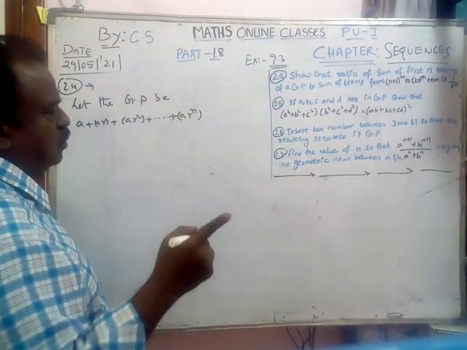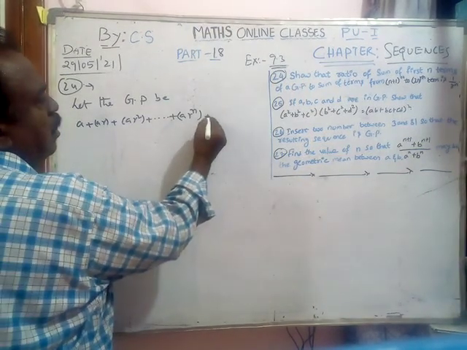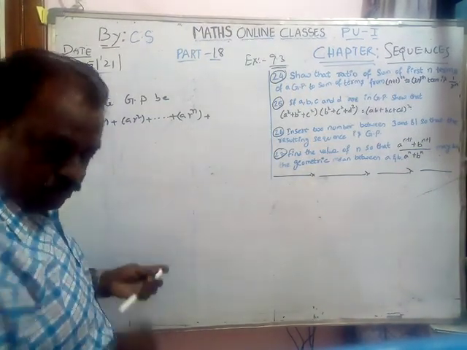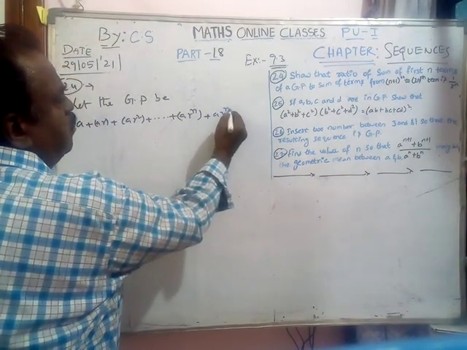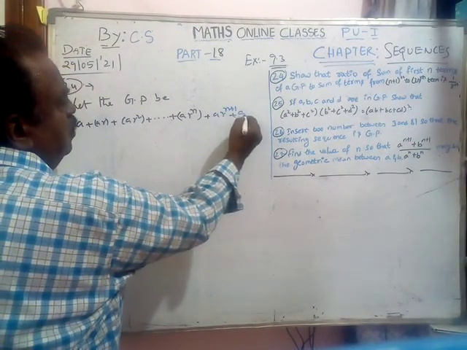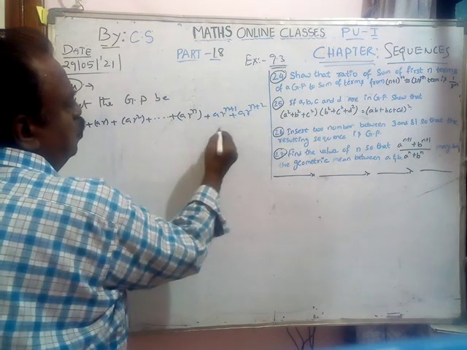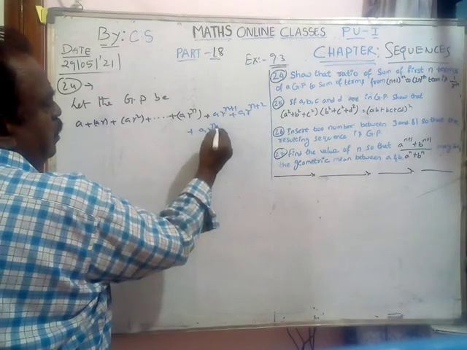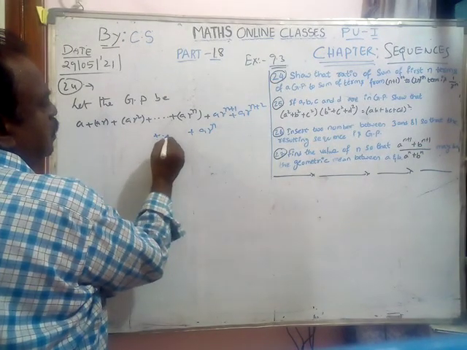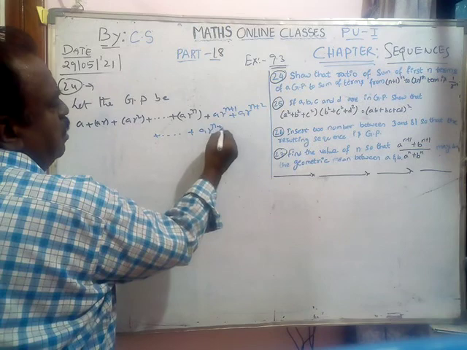GP is first n terms plus ar power n plus 1 plus ar power n plus 2, okay na? Plus dash dash ar power n plus n.